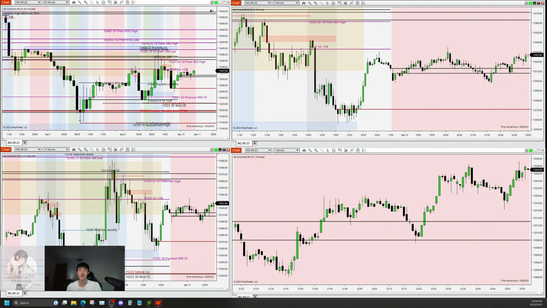So that's what I would recommend. I know it can get messy, but with the proper color coding and usage of horizontal lines, it will be much clearer to you. And you can do this on anything. You can do this on NinjaTrader, which I'm using right now. You can do this kind of thing on Tradovate and TradingView as well.